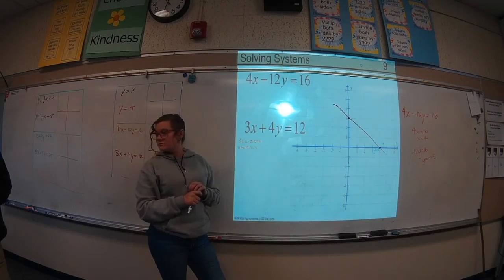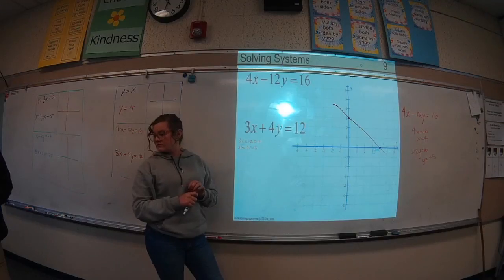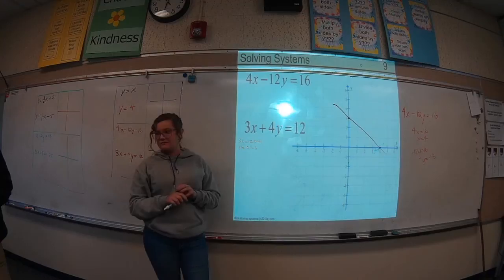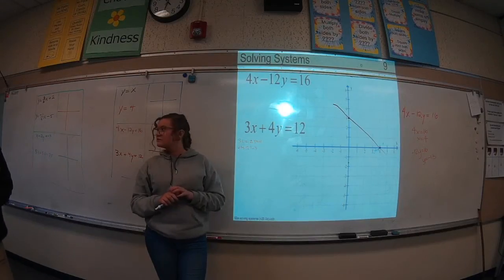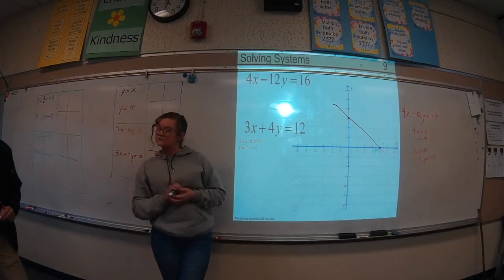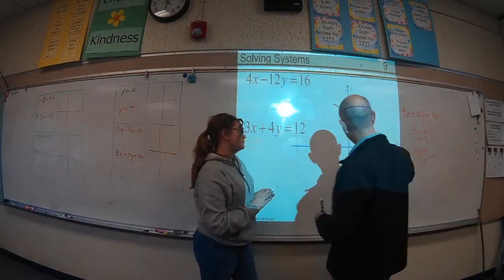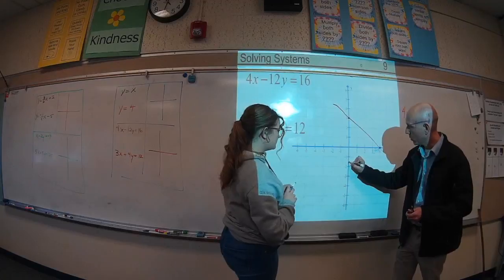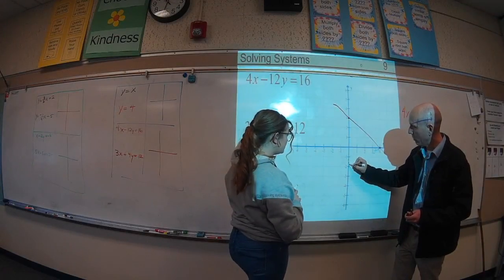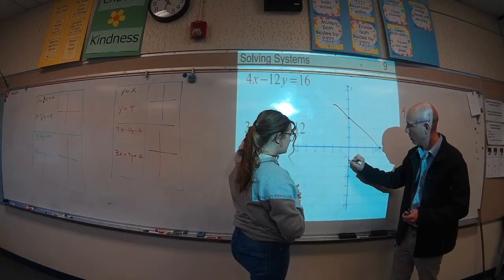What does anybody think about that point? Well, what do you think it should be? I think it should be a little less. Up or down? Up. On the scale, if 1.5 is right about there, 1.3 we would want to be up a little bit more. You're actually a little bit above the halfway mark.